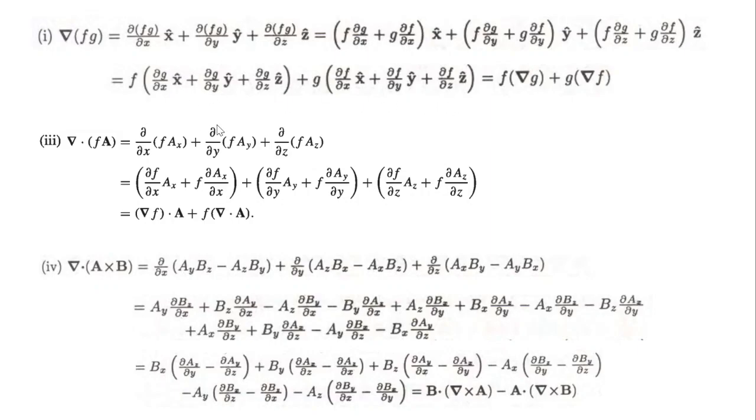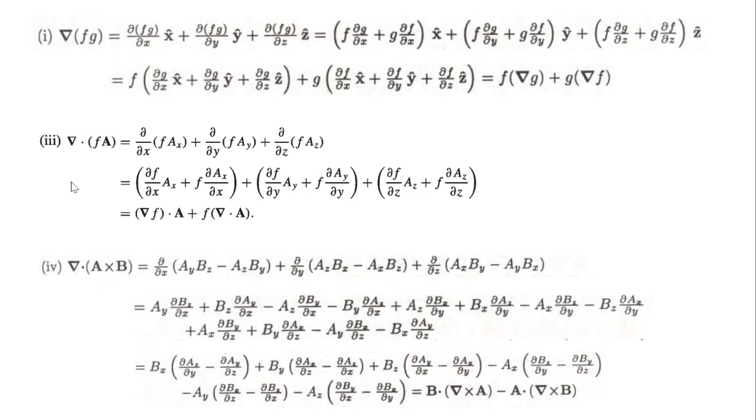So this is equal to gradient of g and this is equal to gradient of f. So we can write f into gradient of g plus g into gradient of f. Hence the result.